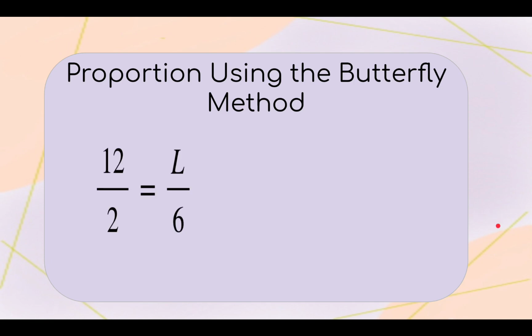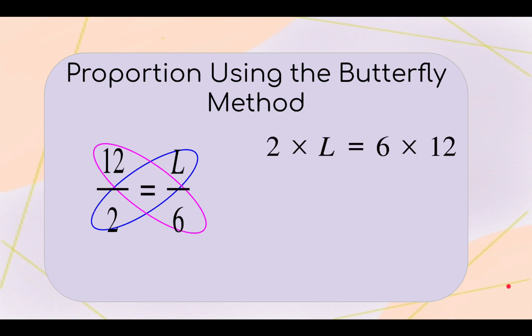So the butterfly method just states that I will be multiplying diagonally. So as you guys can see, I am going to multiply 2 times L, and that's going to equal 6 times 12.